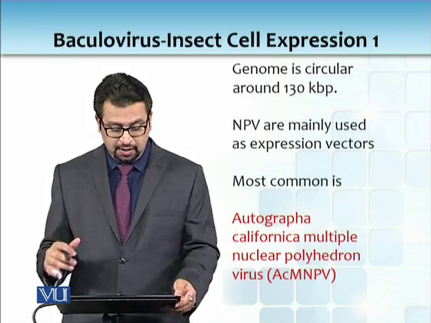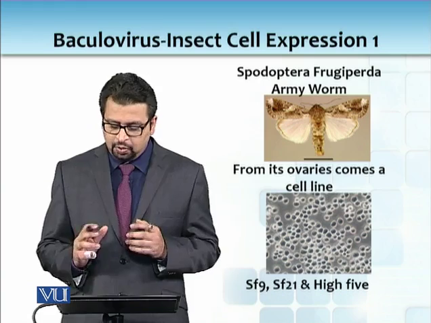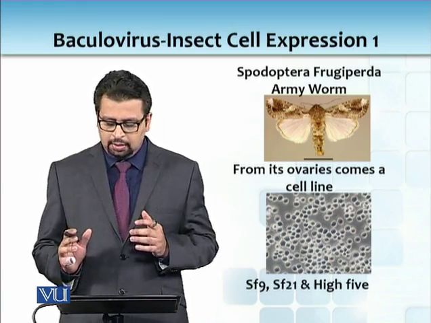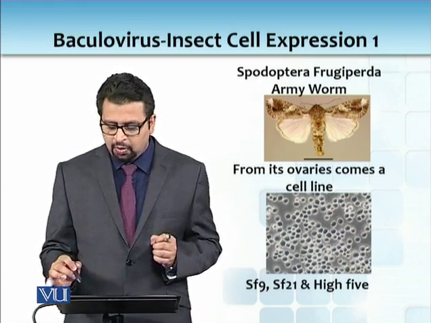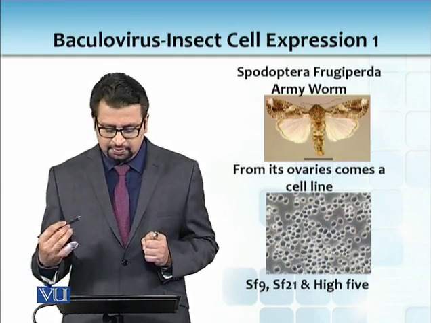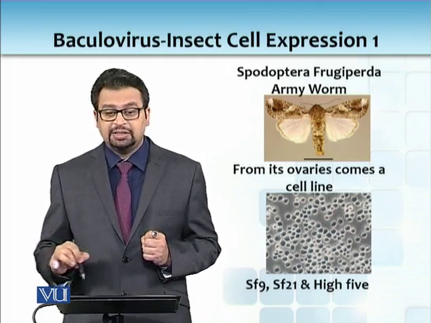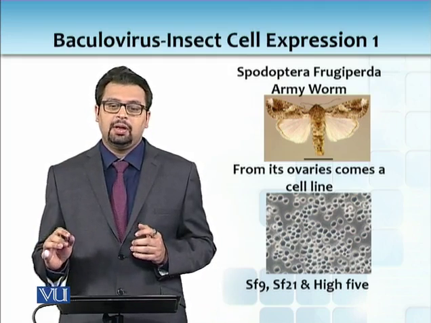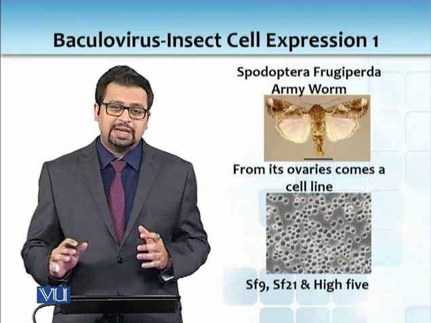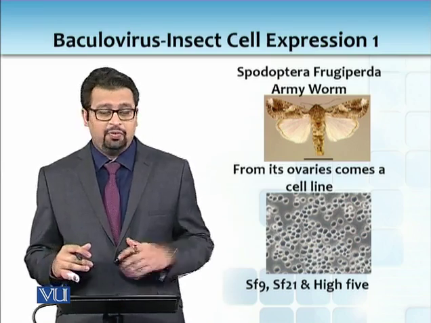And why is it important? Because from this armyworm, from its ovaries comes a cell line, which is known as SF9, SF21, and one industrially developed, Hi5, which is usually used. So basically, you are not rearing insects in the laboratory as such.